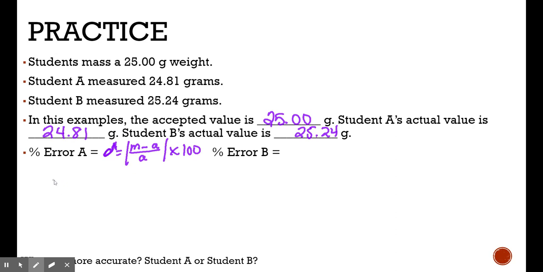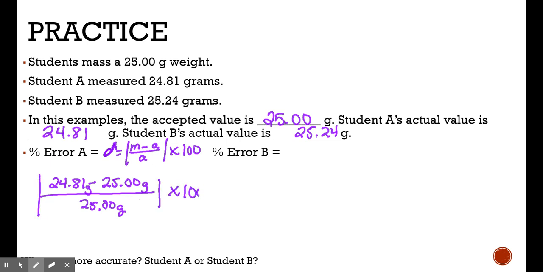So we have our measured for student A minus our accepted value. Don't forget your units, divided by our accepted value again, the absolute value of that times 100.